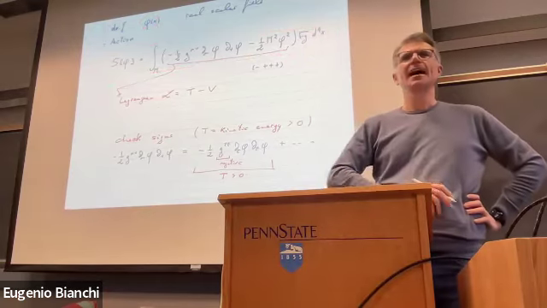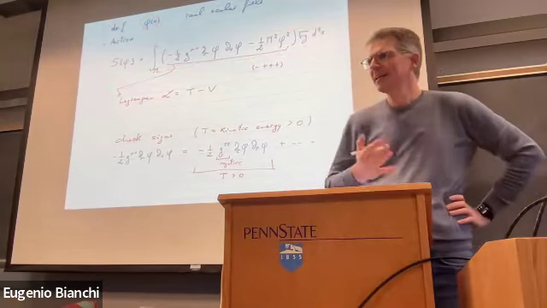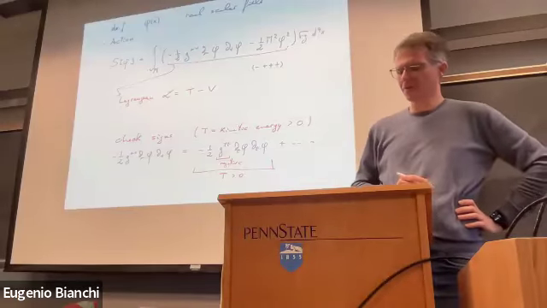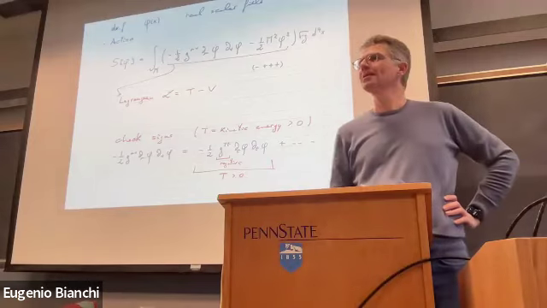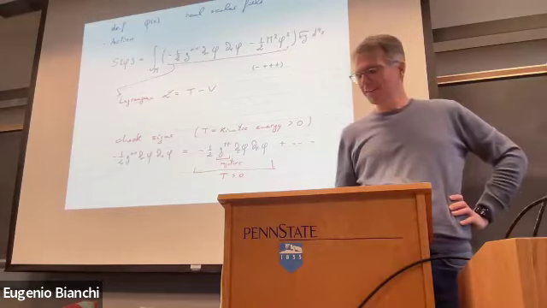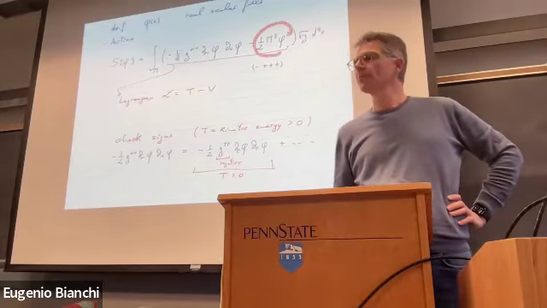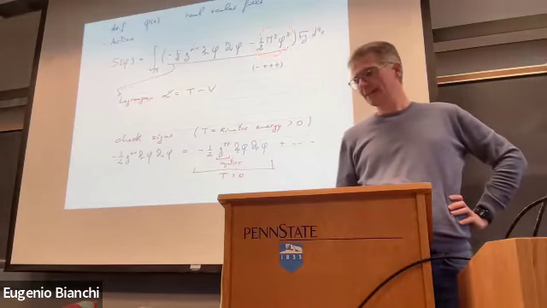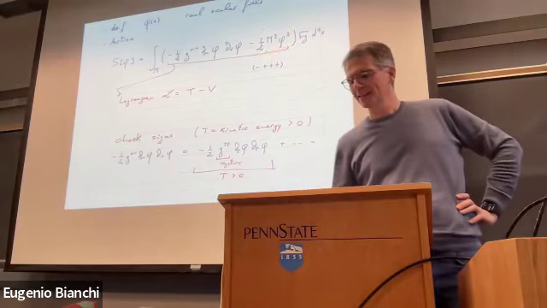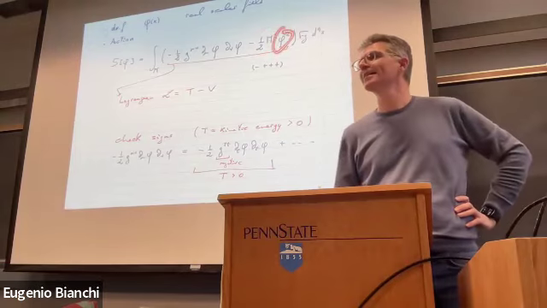Assuming that it's familiar. If it's not familiar, one can follow the logic that I was suggesting before: write every possible thing that you can write organized by number of derivatives. If you have no derivatives, you can write a function of the scalar field. You can still organize it in powers.